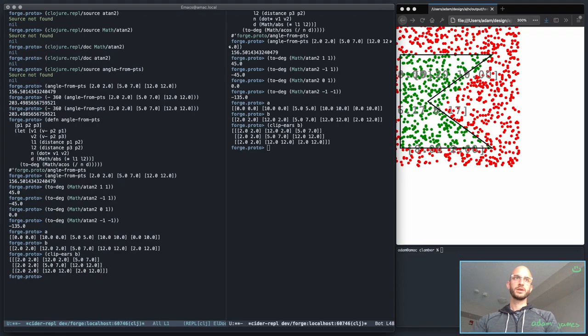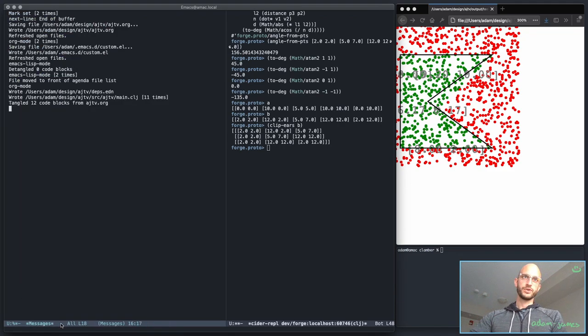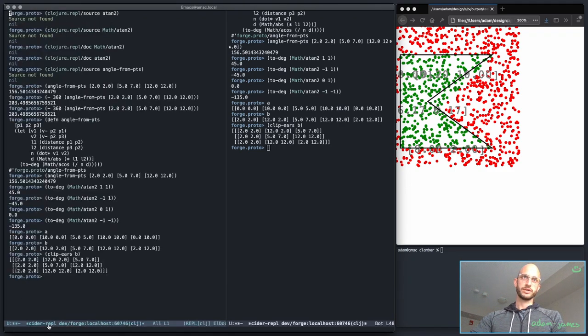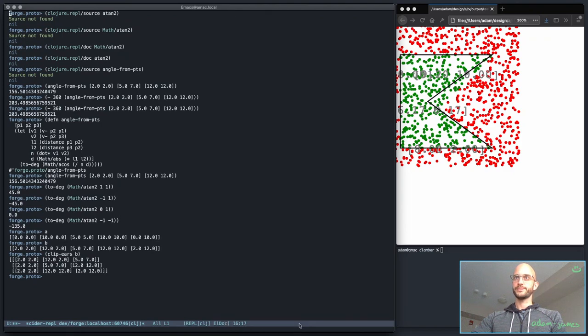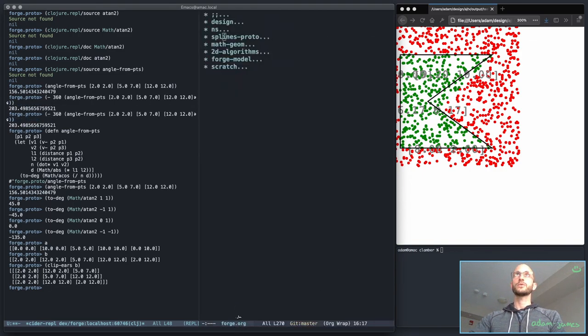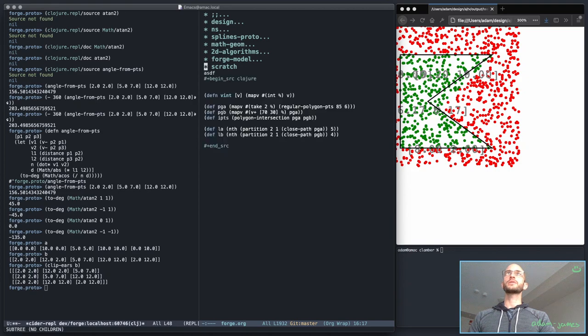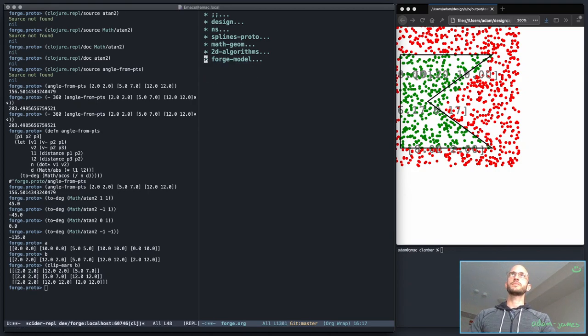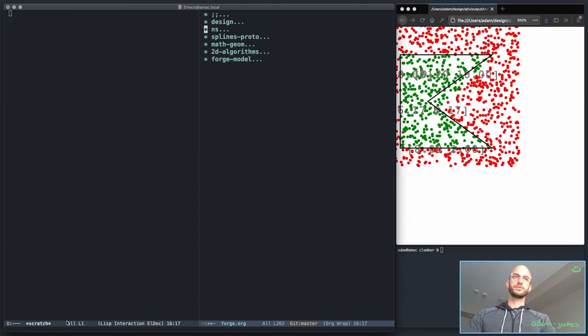Okay. So now we've just got the forge. Actually, let's do this here. Oh, that's my bad. Forge. Okay, here we go. I'll just have a quick look through some of this stuff here. This scratch thing, I can delete it nicely.